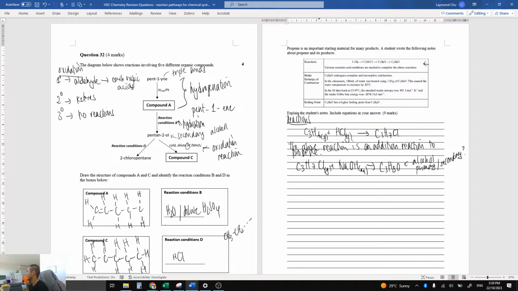We can answer that by looking at what this goes to. We know this is an alcohol going into what looks like a ketone. The ketone from an alcohol means that alcohol most likely will be a secondary. So we can say the above reaction is a substitution reaction.